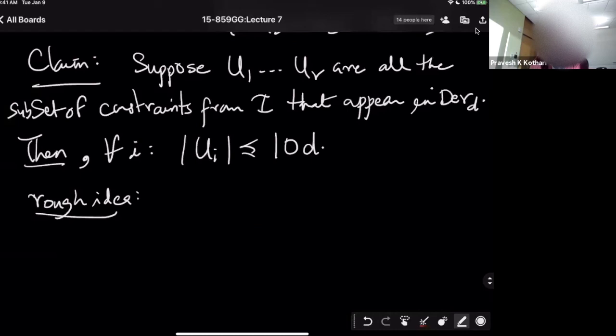But remember that in the derivations, I'm only deriving degree D monomials. So I'm only using the unions of clauses whose XORing gives me at most D variables. Because the XOR contains at most D variables, and because the hypergraph is expanding, I shouldn't really have used a large number of clauses in the derivations. We'll formalize this idea, but hopefully it's somewhat clear that it has to be a consequence of the expansion of the instance hypergraph.